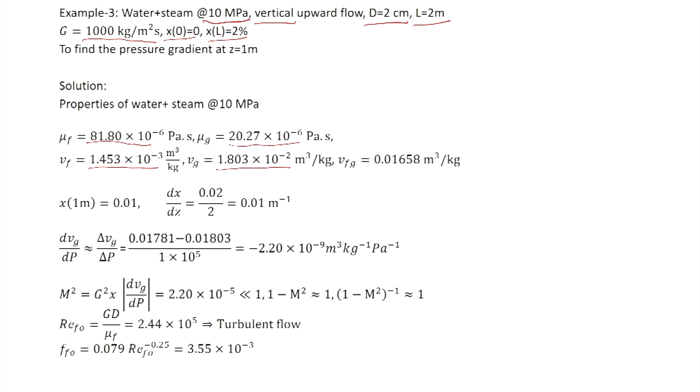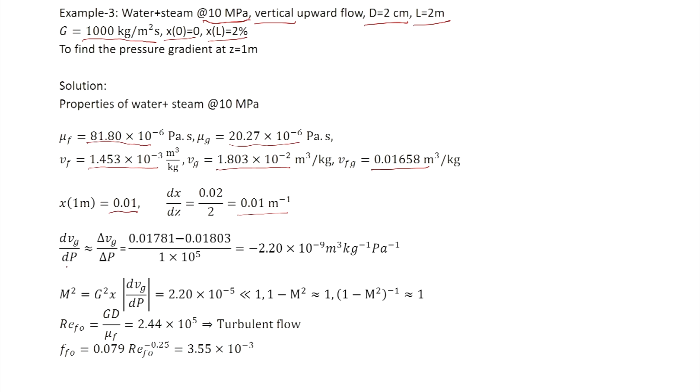So, V g in the previous cases was much larger than V f, but here it is not so large. V fg is 0.01658 meter cube per kg. The quality at the midpoint will be 1% and dx by dz is equal to 0.01 per meter.